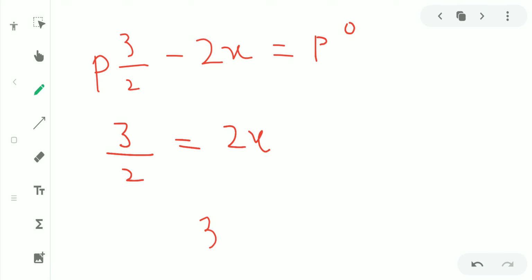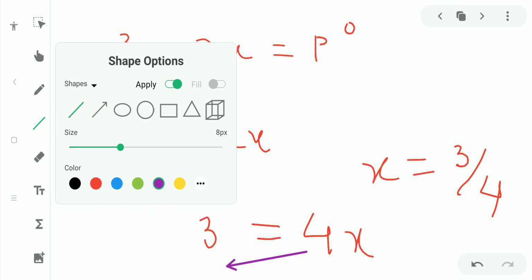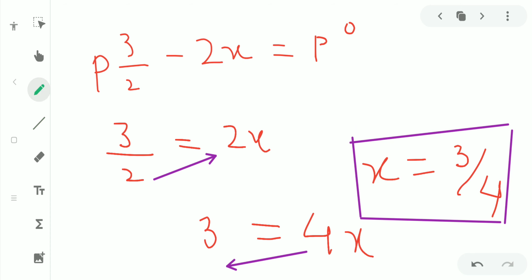So we will get 3 is equal to, on multiplying 2 with 2x, we will get 4x, and we will get x is equal to, on sending 4 onto LHS, x is equal to 3 by 4.